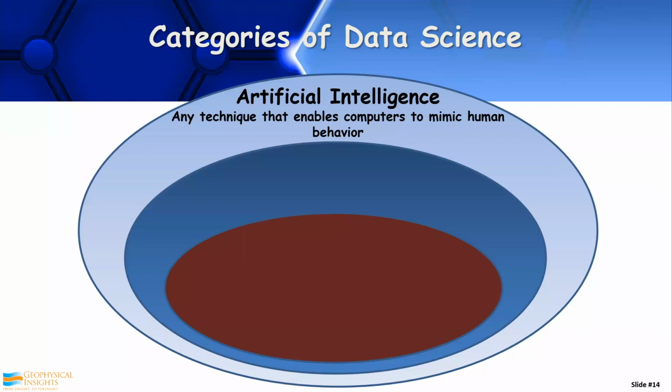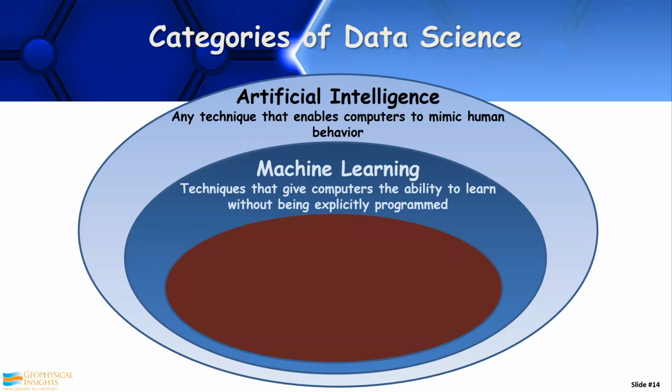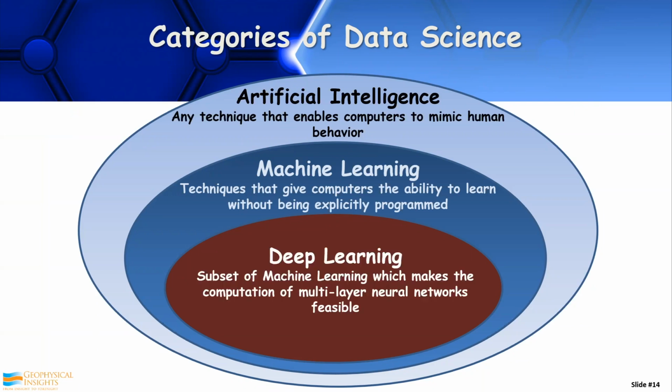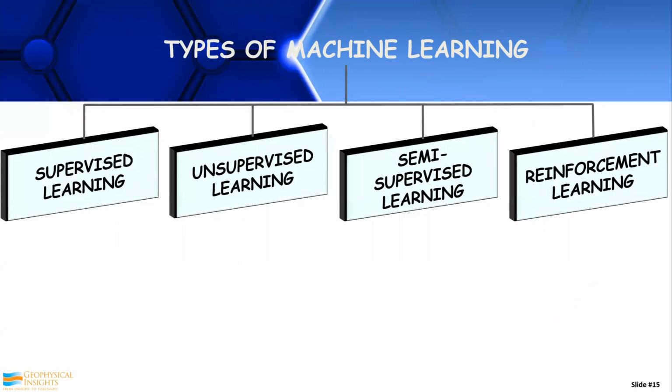So it's a technique in our world that enables computers to mimic human behavior. Machine learning are techniques that give computers the ability to learn without being explicitly programmed. And then we have deep learning, which is a subset of machine learning which makes the computation of multi-layer neural networks feasible. Now, if you were to Google types of machine learning, it would probably return these 4 categories.